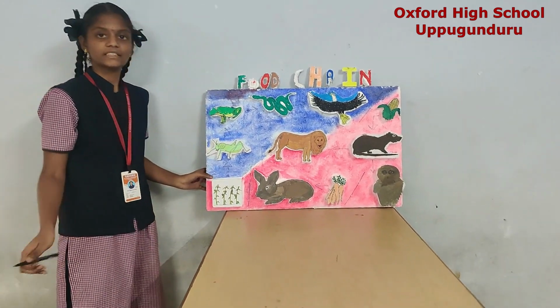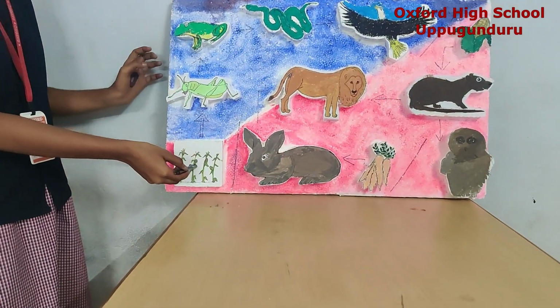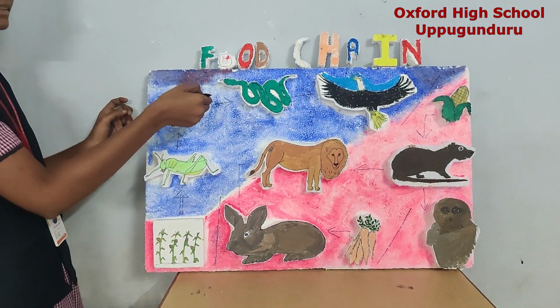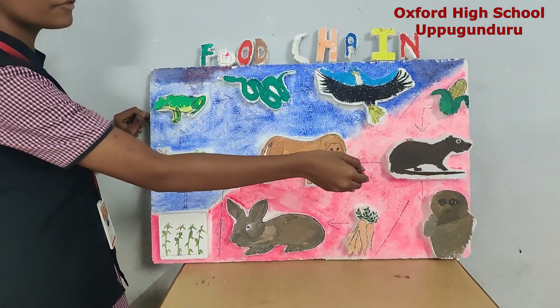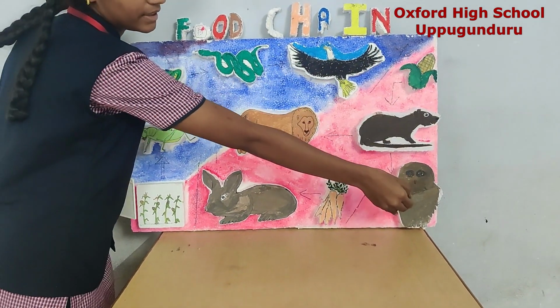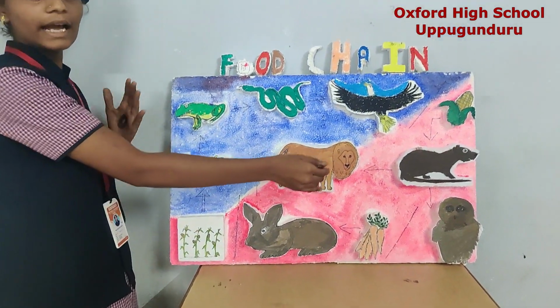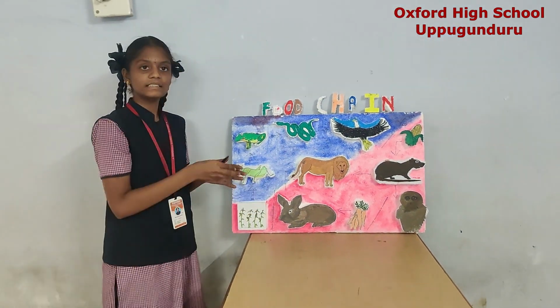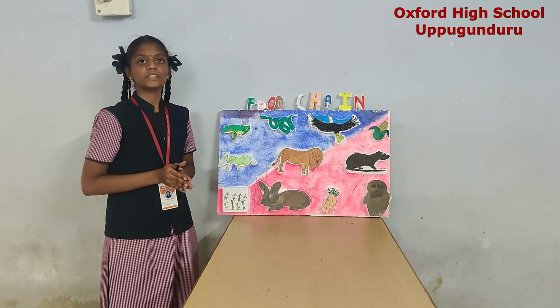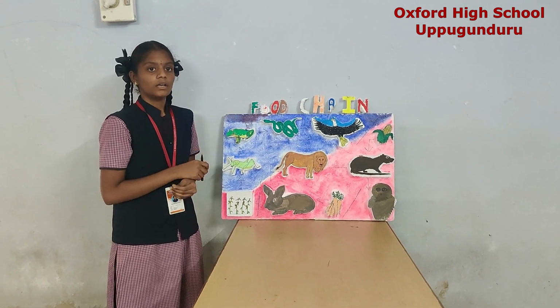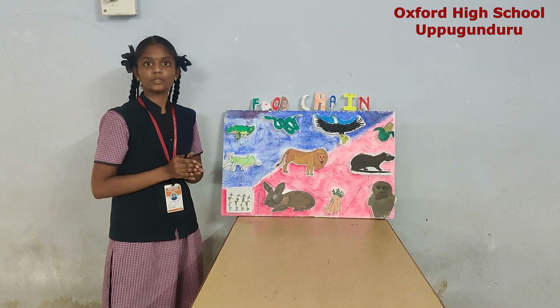For example, a food chain starts from here and ends in this way. The second food chain starts from here and ends here. And the third food chain starts from here and ends in this way. In this system, only 10% of energy flows from one level to another level.